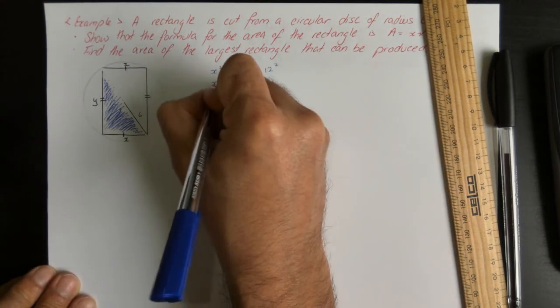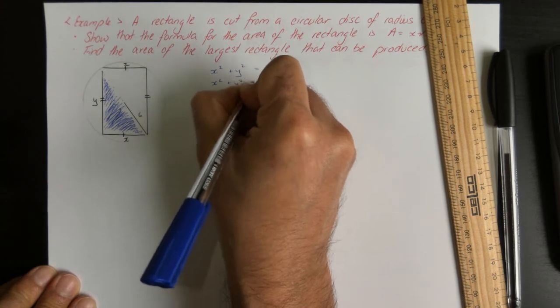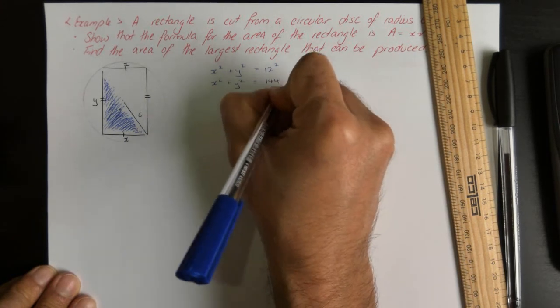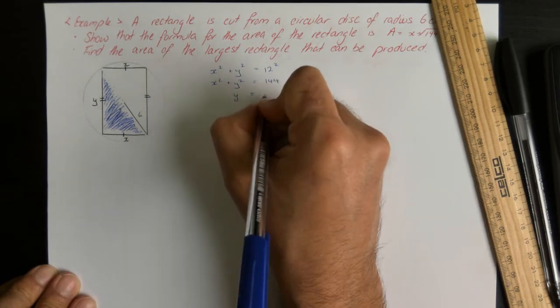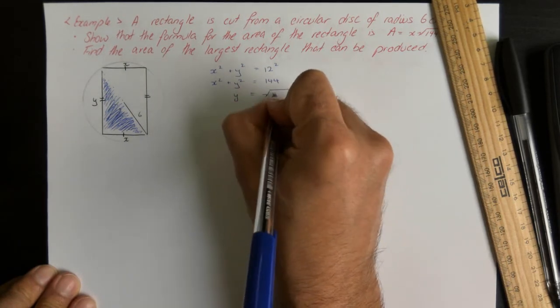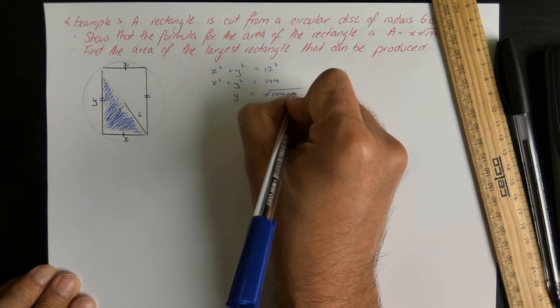So x squared plus y squared equals 144. Or y would be the square root of 144 minus x squared.